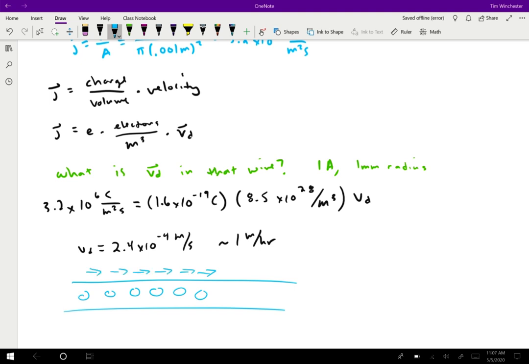They all just move together. So maybe you could think of it more like a train, that once one starts moving, they all move together. There's no reason for them not to, because the wire is already completely full of electrons. Okay, so there's a difference between how long it takes an individual electron to get from one place to another and how long it takes for the flow to begin everywhere.